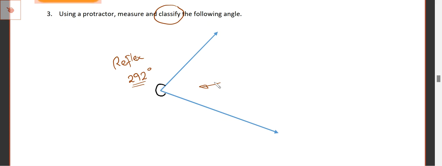Okay. If you measured this one, what would it have been if you had been correct? Not quite. 68. And that would have been an acute angle. Alright?